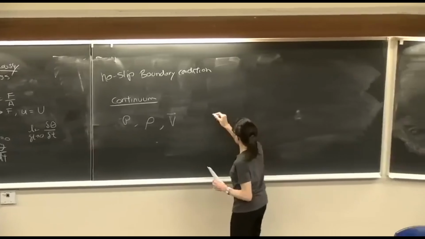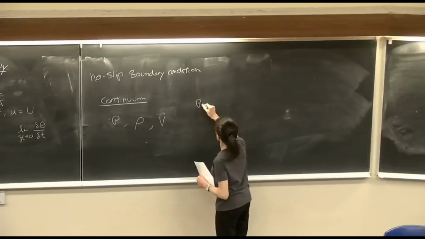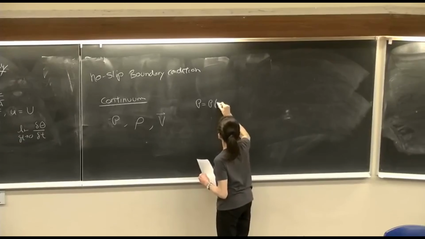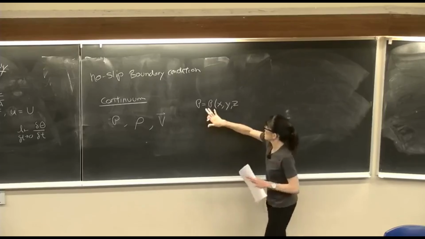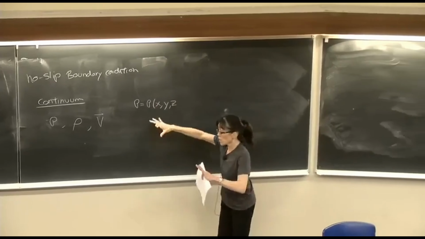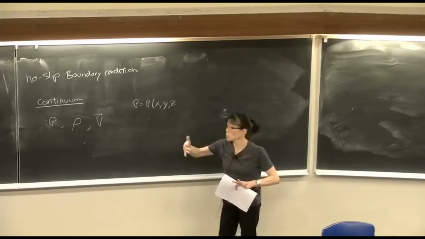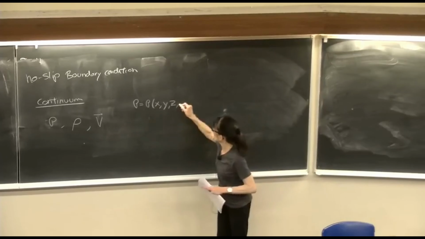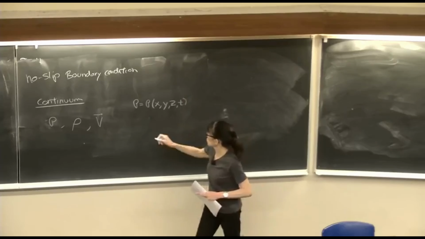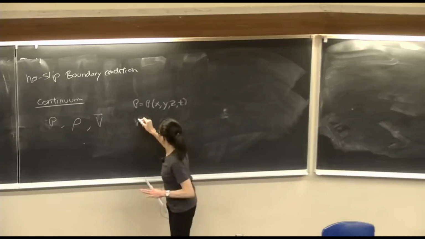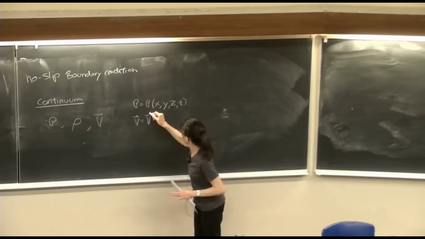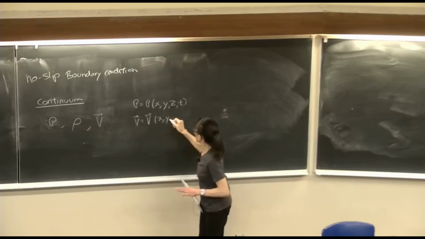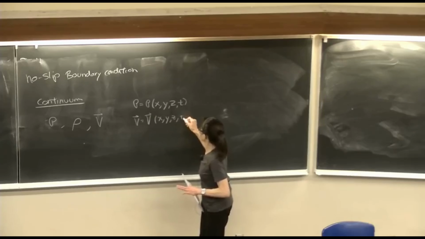For example, we can write the pressure as some function of, in general, and using Cartesian coordinates, the pressure is going to vary in 3D space smoothly. In general, also, it can vary as a function of time. And then the density as well. And the velocity, also a function of 3D space and time.